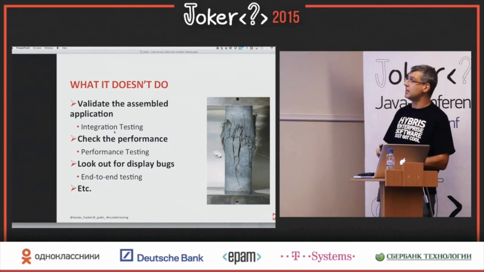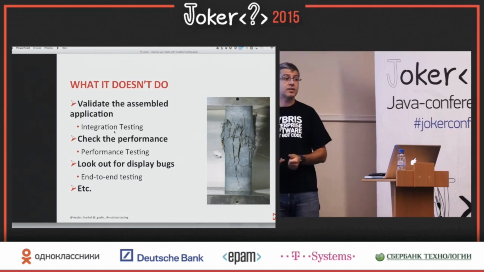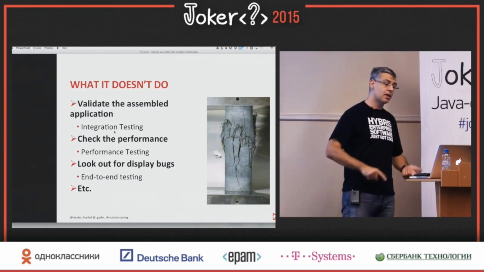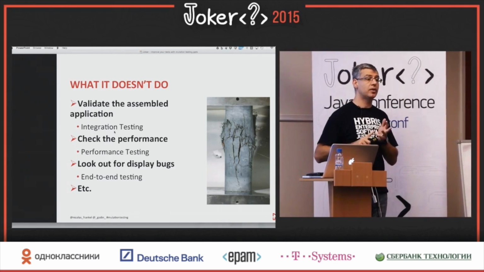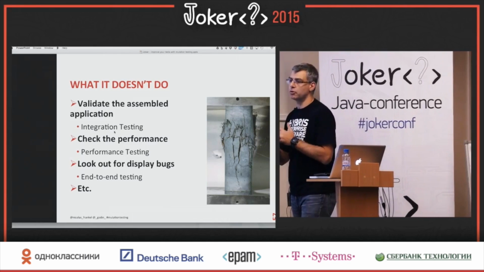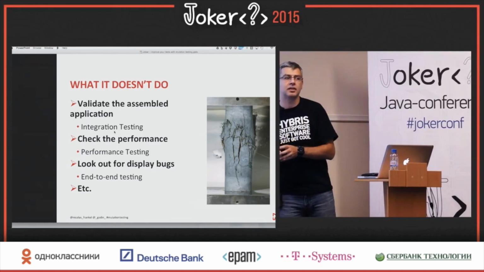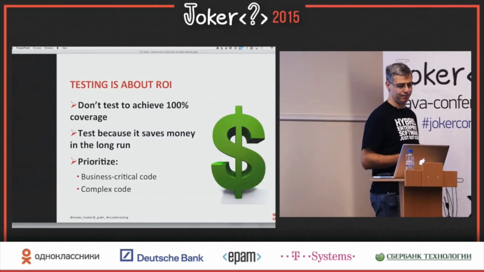So you will still need to validate that the assembled application runs correctly, and this is achieved by integration testing. You will still need performance testing. You will still need end-to-end testing, and all this stuff. So mutation testing won't replace what you are currently doing. It's just an additional tool to make your unit testing more relevant.